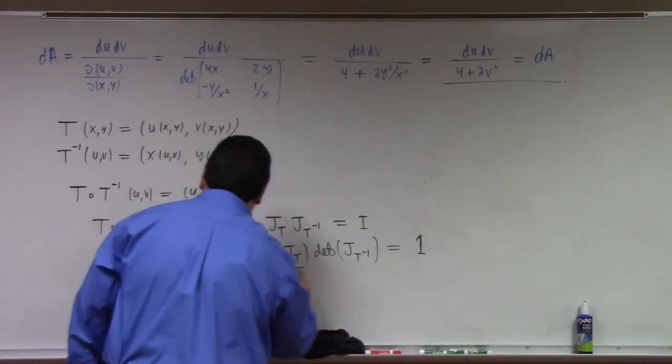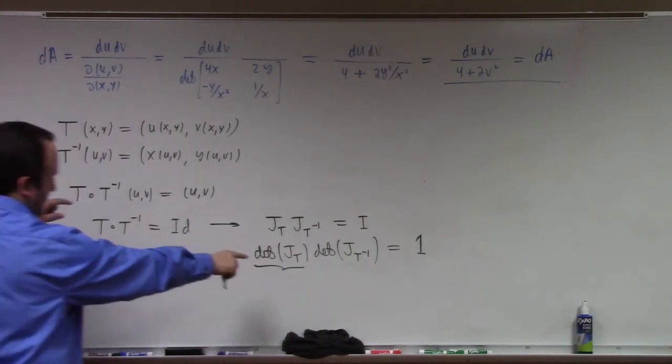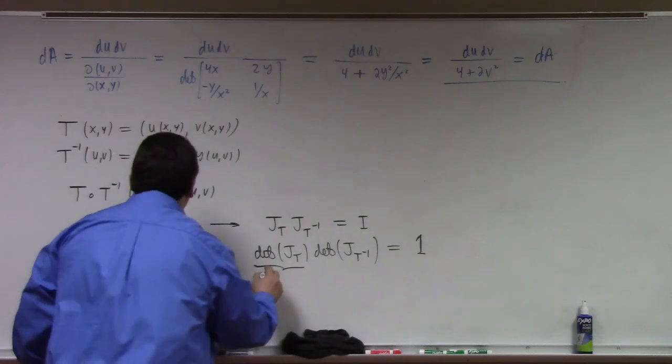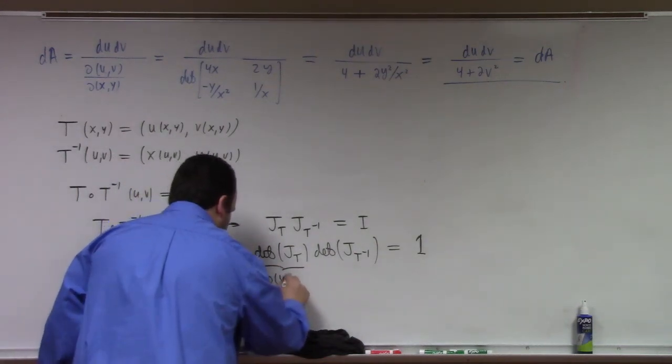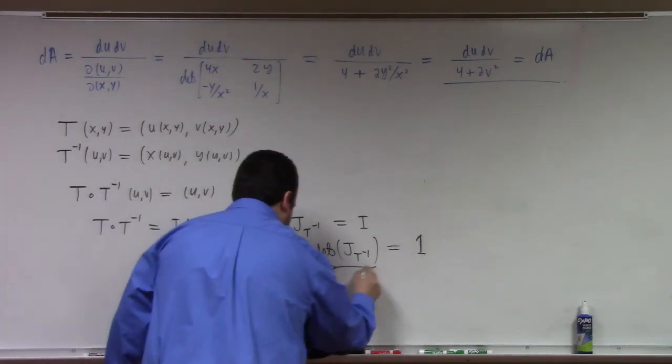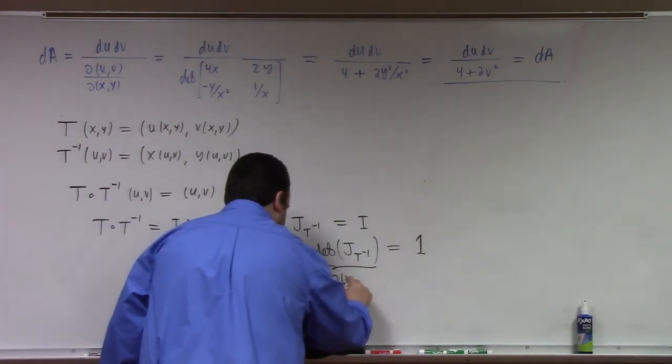But this thing right here, J_T, is exactly the partial (u,v) over (x,y). And this is our notation. Our notation for that is this.